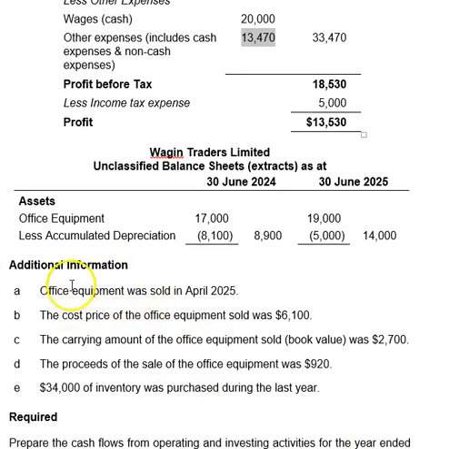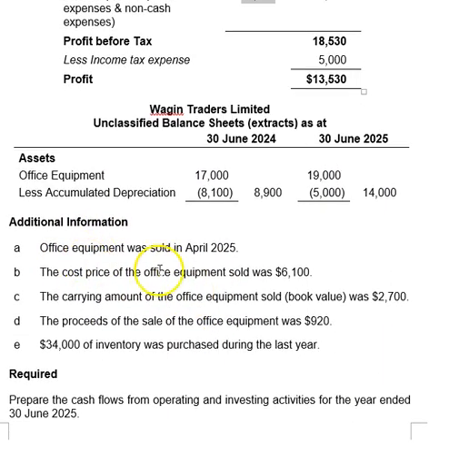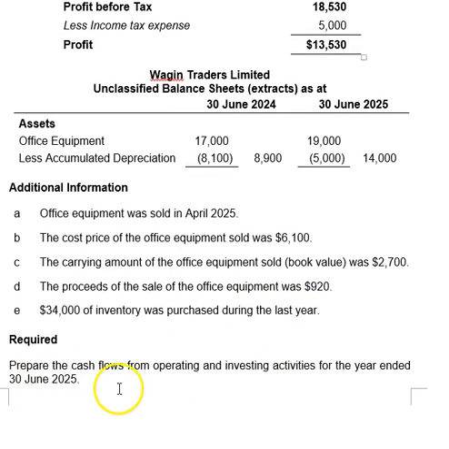We have sold some office equipment, and the cost price of the office equipment is 6,100, carrying amount is 2,007, proceeds from the sale of office equipment is 920, and lastly 34,000 of inventory was purchased during the last year. They asked us to prepare a cash flow from operating and investing activities.